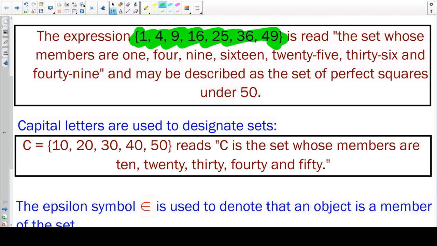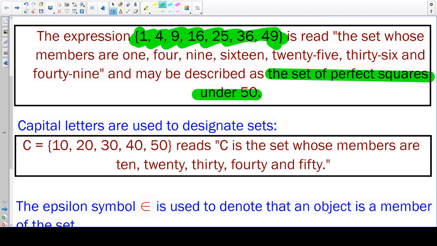And what's the significance of that? Well, it may be described as the set of perfect squares under 50. Sometimes, not always, but sometimes it's important to know the significance of that set. Those numbers are all perfect squares. You could even say it's the set of the first 7 perfect squares.